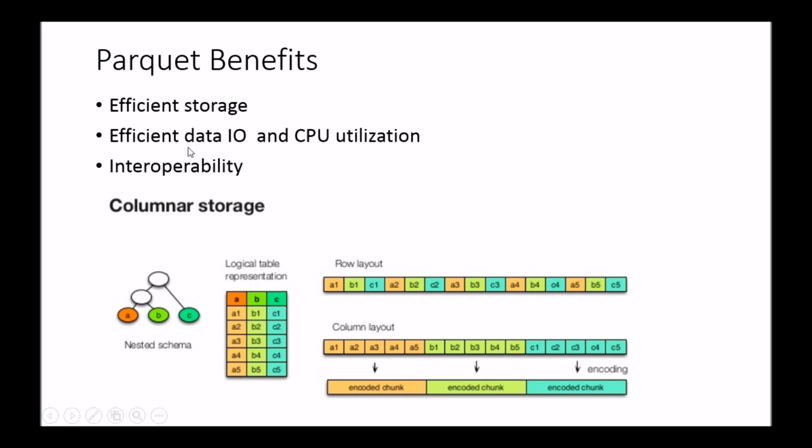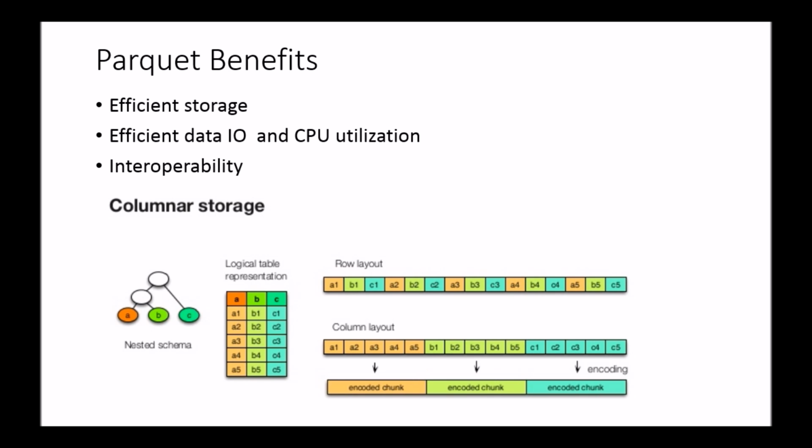Then finally, the last key benefit I'll highlight is interoperability. As I mentioned early on, Parquet is a columnar storage format for the Hadoop ecosystem. It's very popular in part because you don't have to worry about different projects having the complexity of understanding the storage formats.